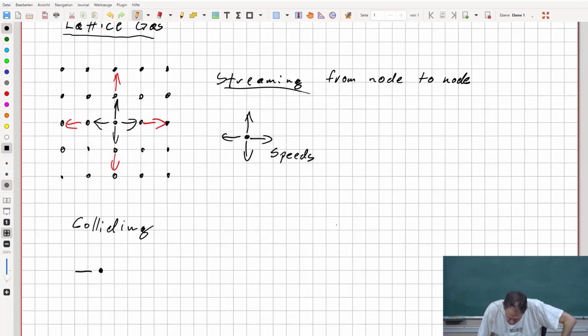And we can see this like this. So on a node, particles arrive, for example, like this. And from kinetic theory, we know for a very long time, since Boltzmann, or this was his assumption, that only collisions between two particles actually matter. So it's very rare that you have three particles hitting at the same time each other, right?